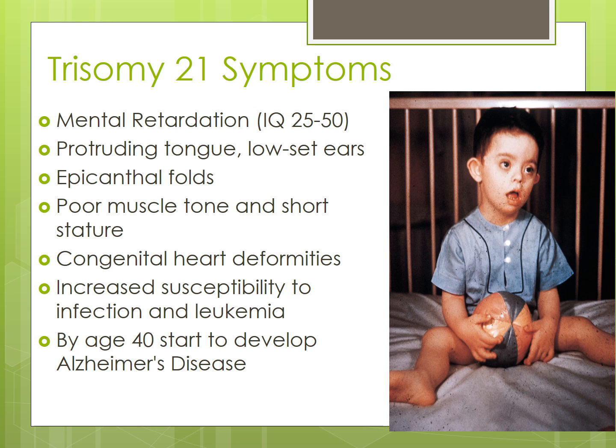And unfortunately, these individuals by the age of 40 really do start to develop Alzheimer's disease, which is a very crippling neurological disorder that leaves them losing a lot of their memory and some of the skills that they are already somewhat delayed on due to the mental retardation associated with trisomy 21.